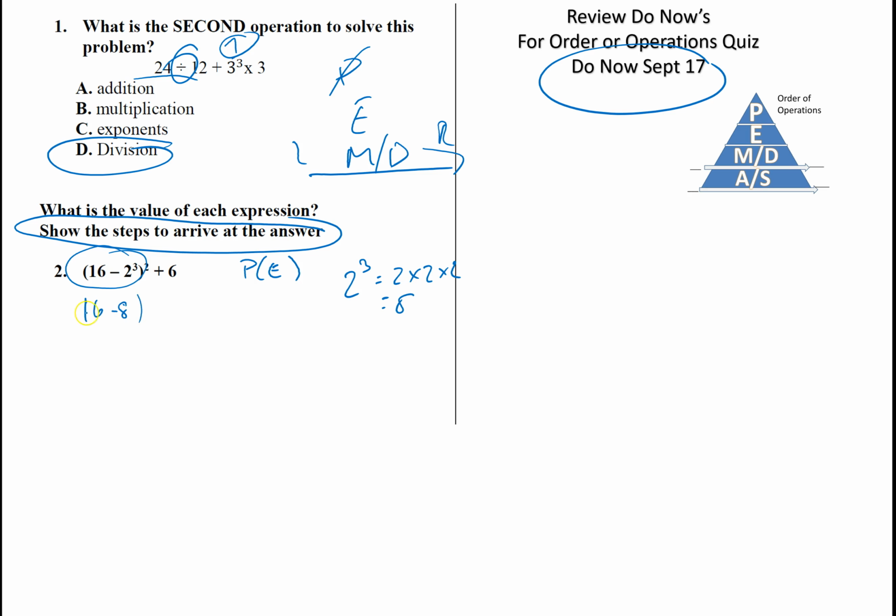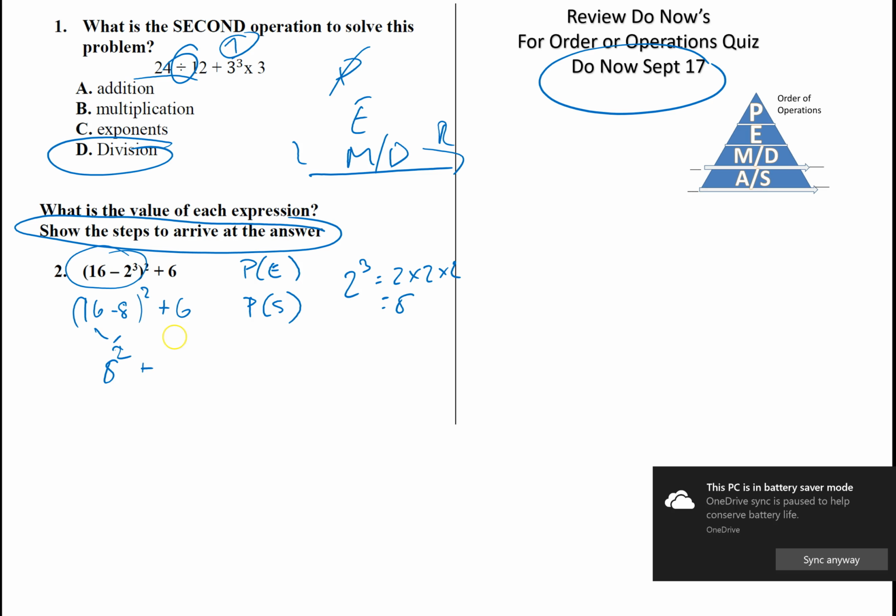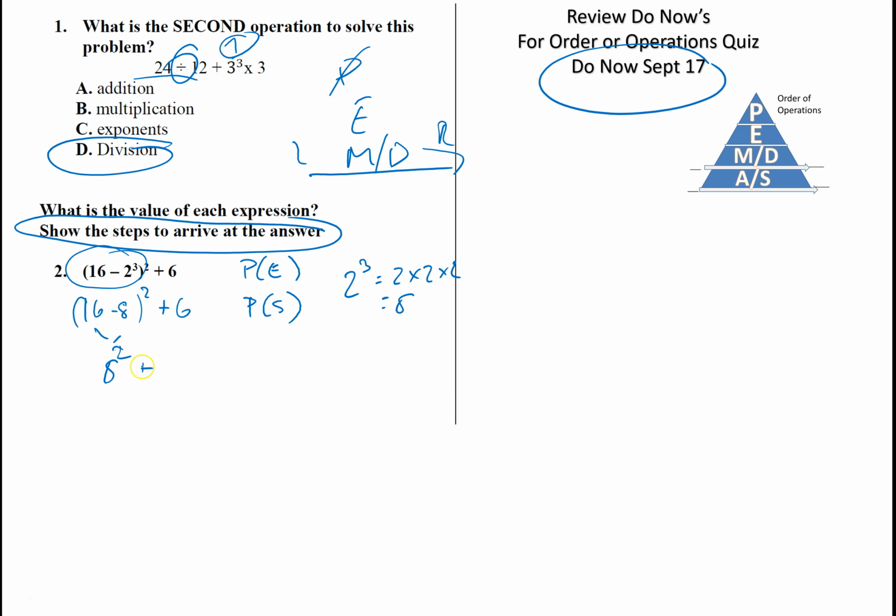So 16 minus 8, squared, plus 6. I'm still not done with my parentheses, so I do my subtraction inside the parentheses. This gives me 8, and I have to take it to the power of 2. That gives me 64, plus 6 gives me 70.